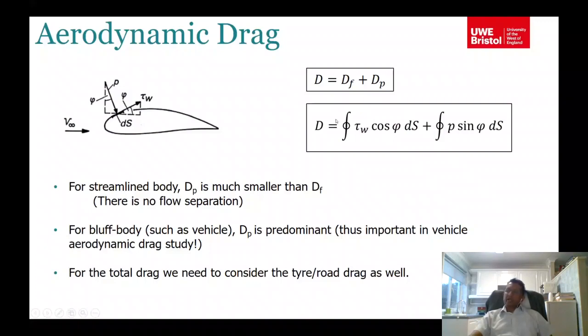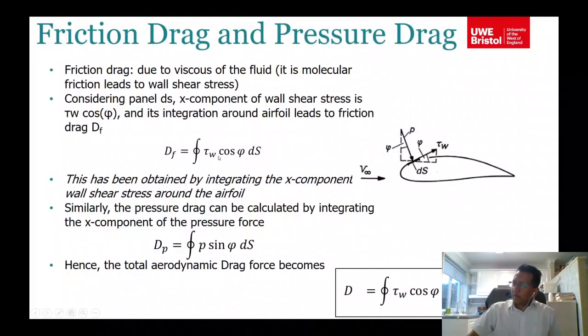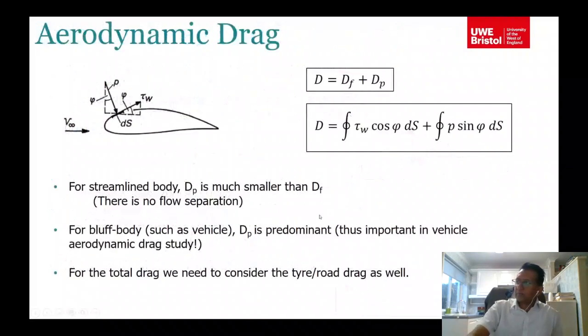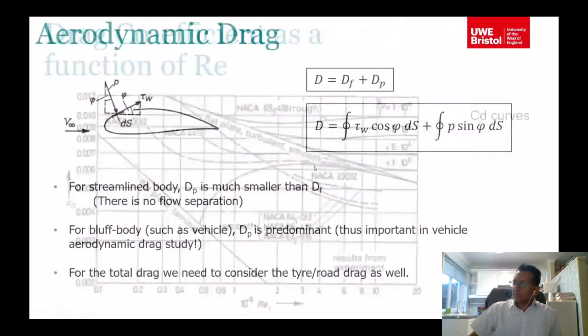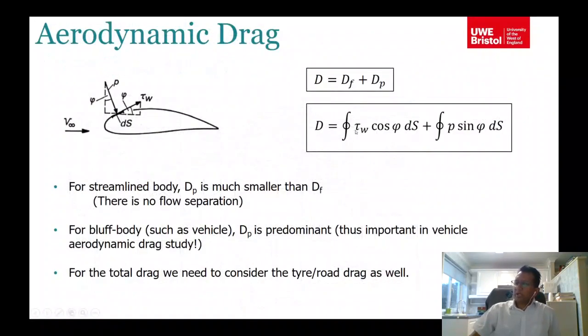But if you want to calculate the total drag, you need to include the tire or road drag as well. Now here, that's your friction drag, that's your pressure drag, and this is where you have the total aerodynamic drag.